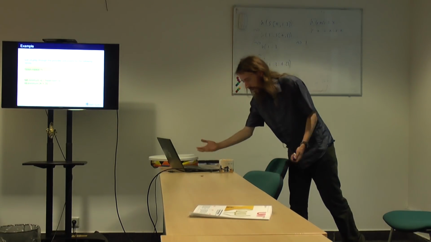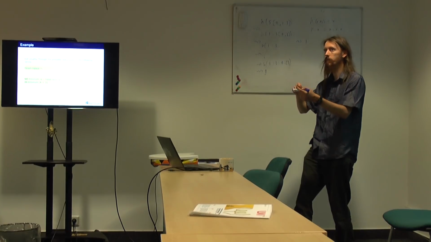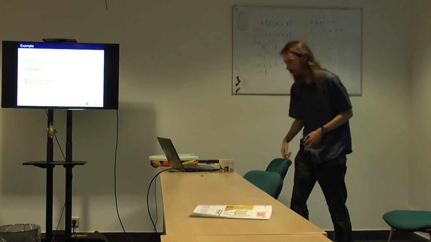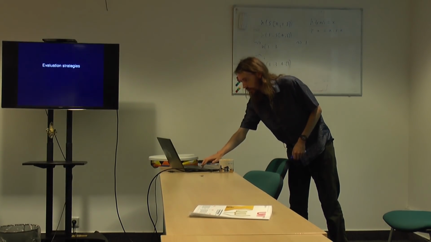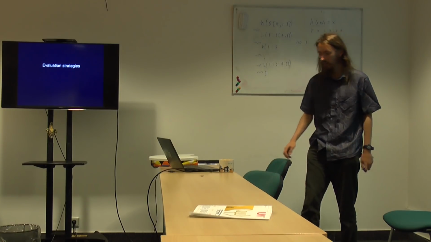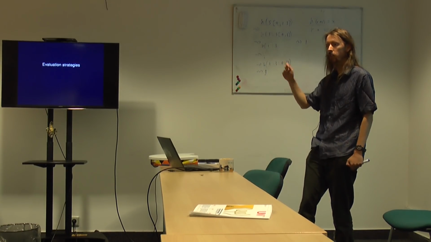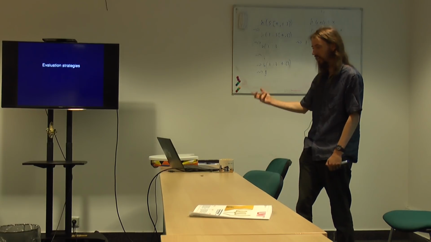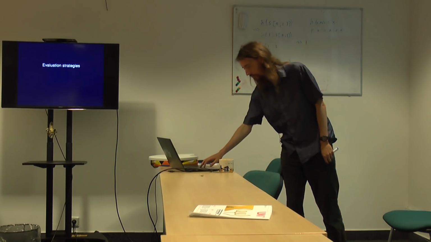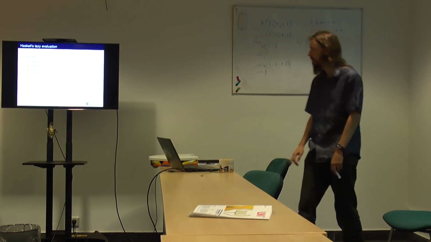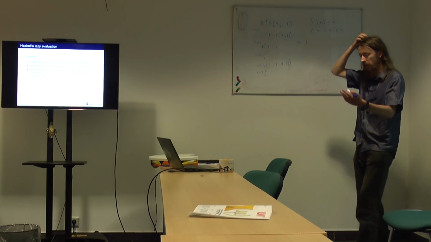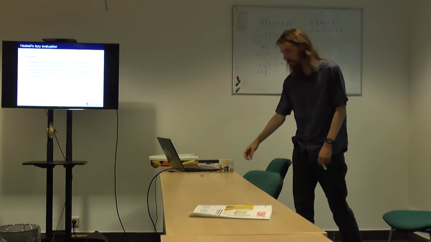So the choice of evaluation strategy, the choice of redexes, does matter for whether you find an answer at all, and for the performance of finding the answer. As you know, Haskell uses lazy evaluation.